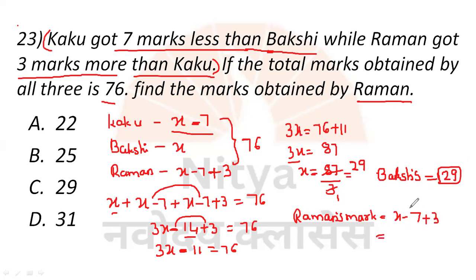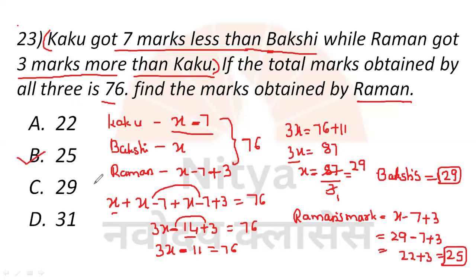So you just put the values in x. x means Bakshi, 29, minus 7 plus 3. 29 minus 7 is 22, and plus 3, that is 25. So Raman's marks is 25. The answer will be option number B, 25.